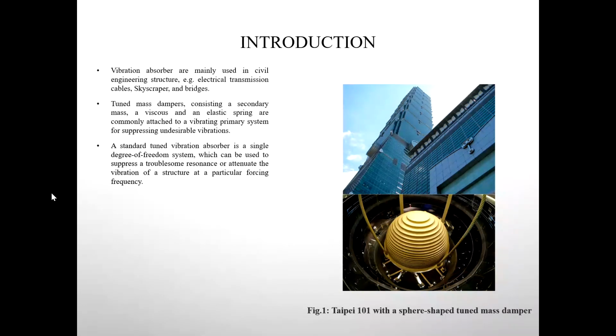Presuming that the main structure is also represented by a single degree of freedom system, there are three variables which can be selected by the vibration observer designer to tune the performance of the observer: the frequency ratio, the vibration observer damping ratio, and the mass of the observer. Generally, the mass ratio between the main system mass and the observer mass is assumed to be a constant. For this reason, most of the published work only concerns itself with two design variables.